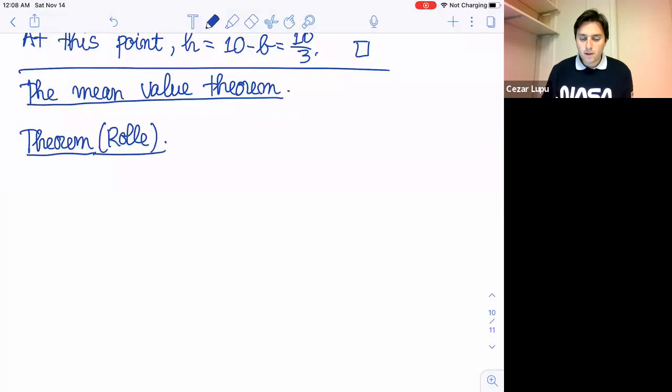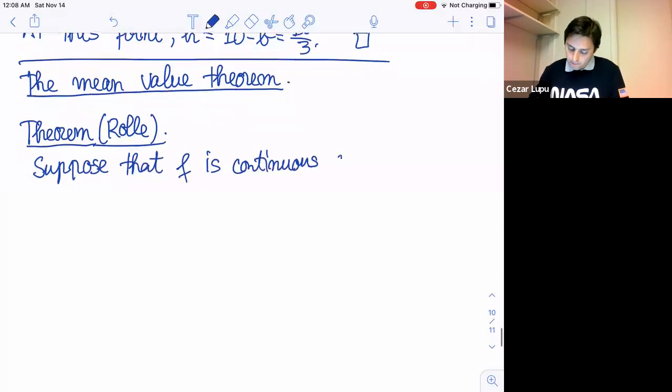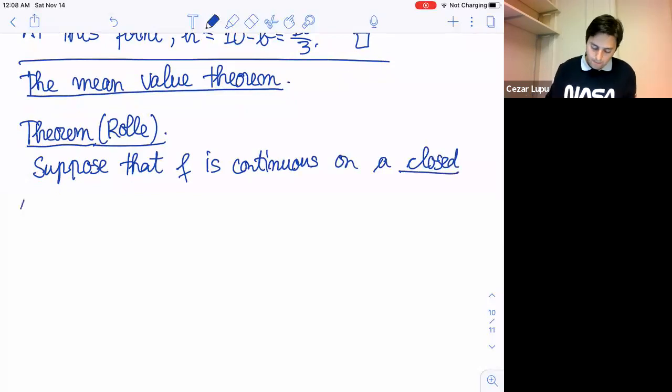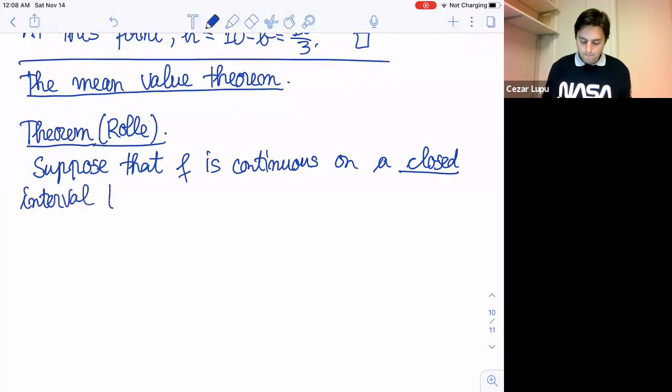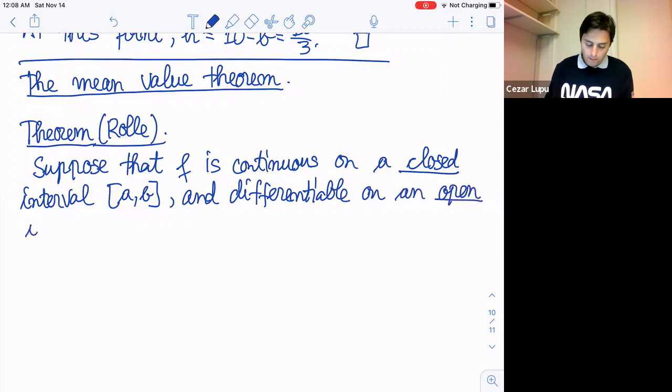Rolle's theorem basically says the following: suppose that f is continuous on a closed interval [a, b] and differentiable on an open interval (a, b).